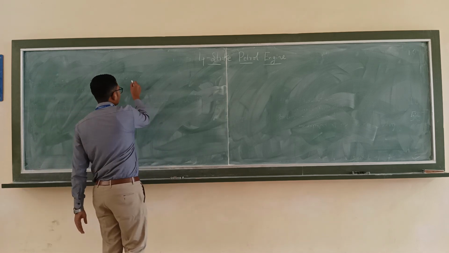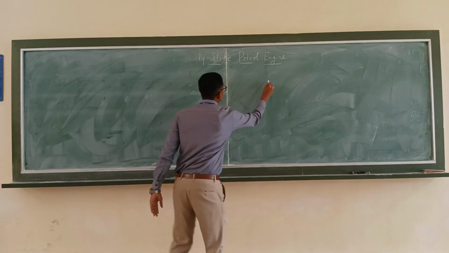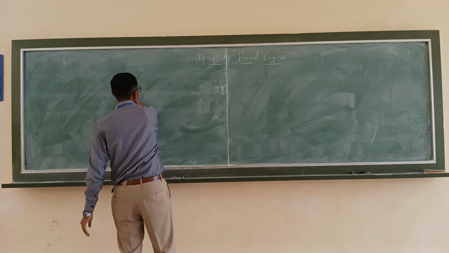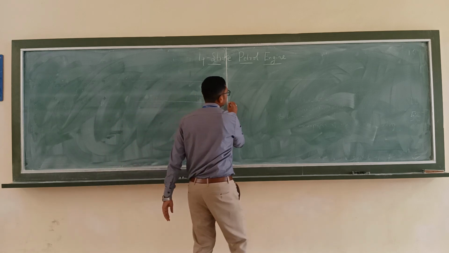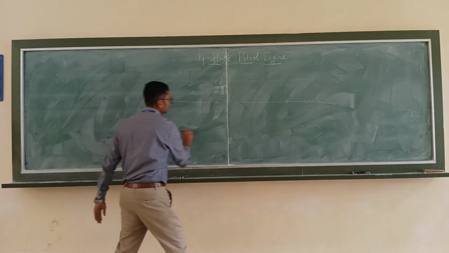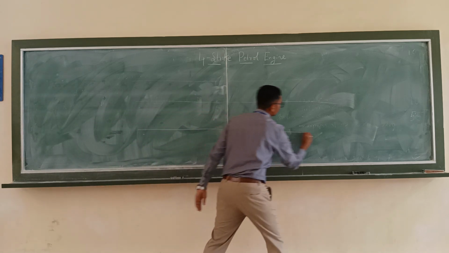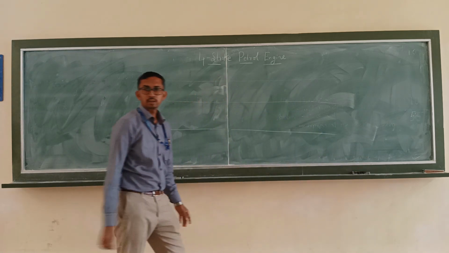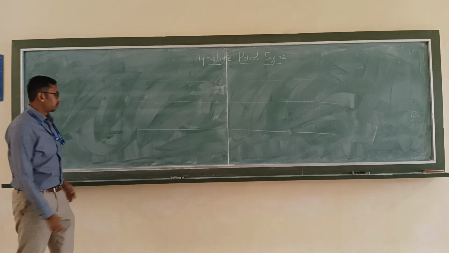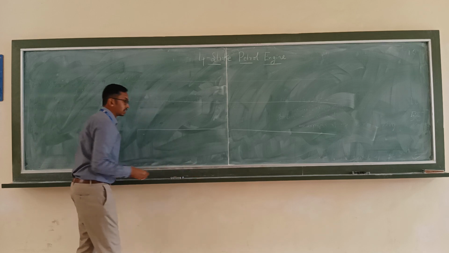First we have to draw 3 parallel lines, reference lines. These are just reference lines. And we are going to start with the cylinders.